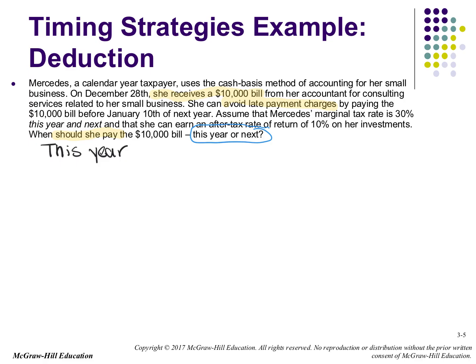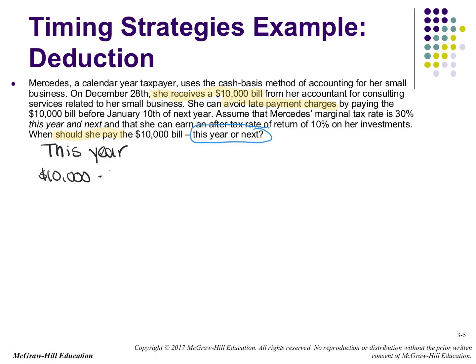We take our $10,000 bill, and then we find our tax rate. So it's 30% this year and next year.